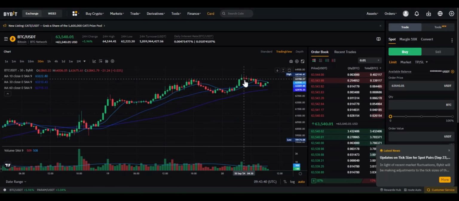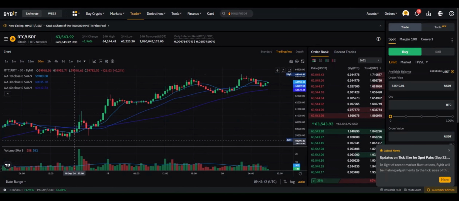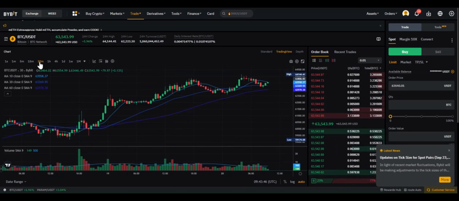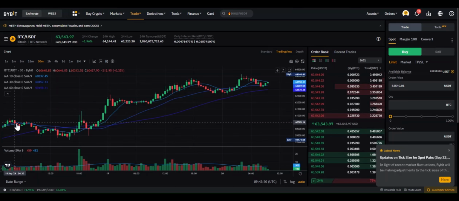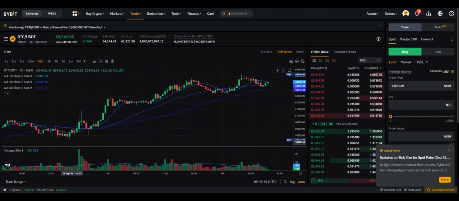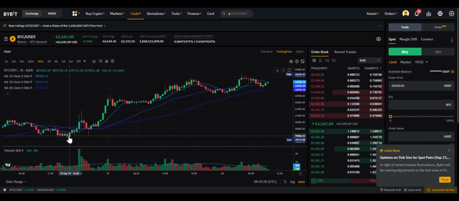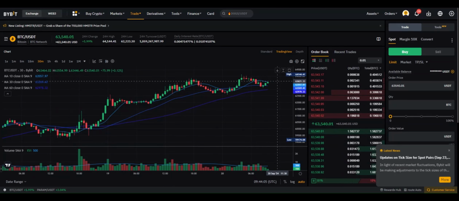And then this is the chart. We saw a similar chart on the decentralized exchange. So this is the 30 minutes chart. Each candle represents 30 minutes, and we can see that Bitcoin is on an obvious uptrend, right? So price was trading around here about 2 days ago, and it's trading all the way up here right now.